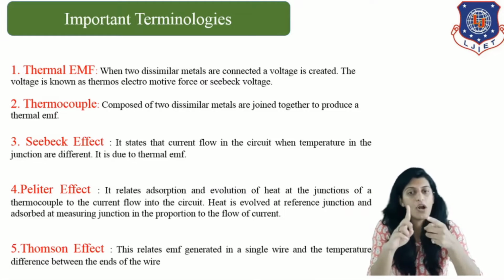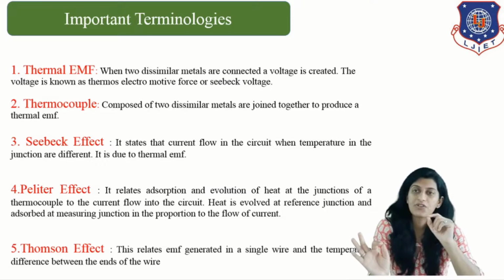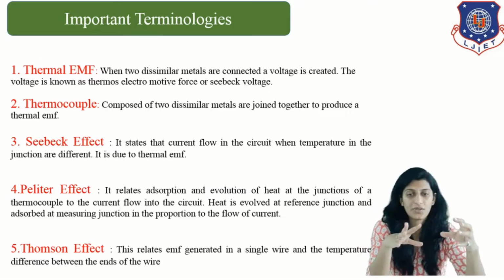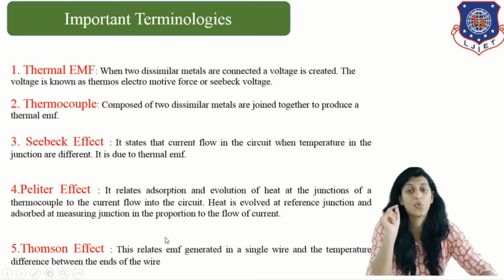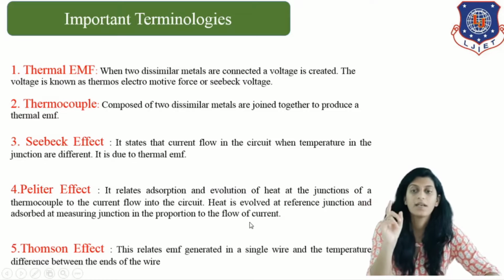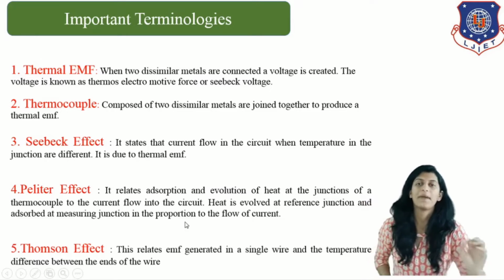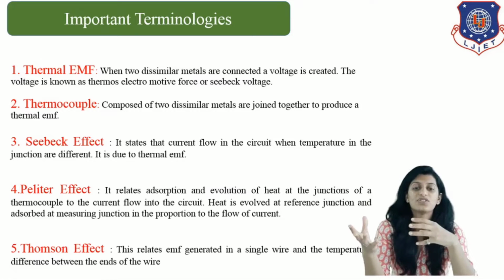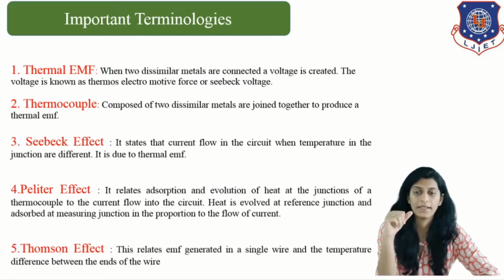Heat is evolved at the reference junction and heat is absorbed at the measuring junction, and that heat is proportional to the flow of current. This is the Peltier effect. It basically relates heat and the junction's current.